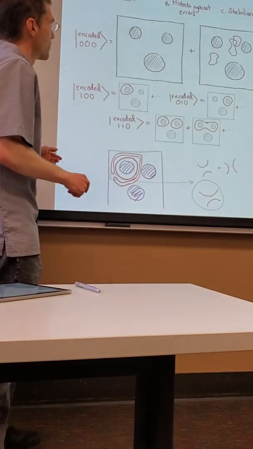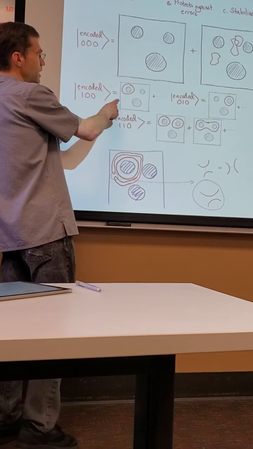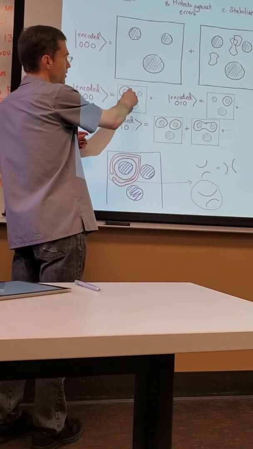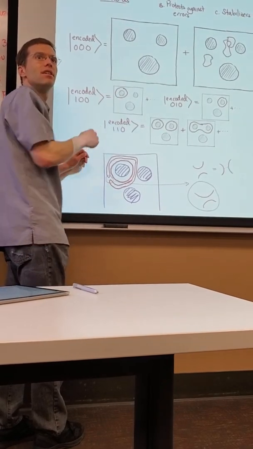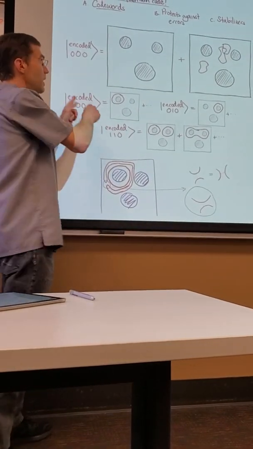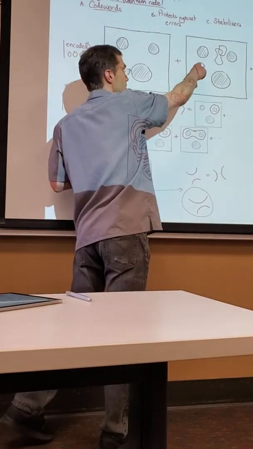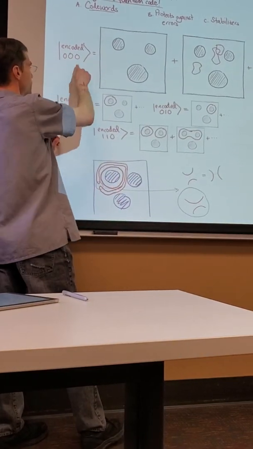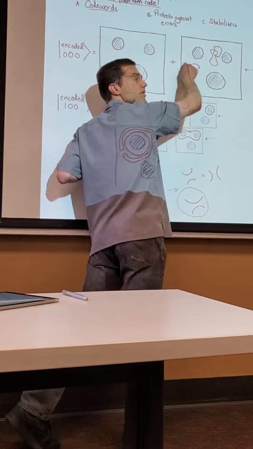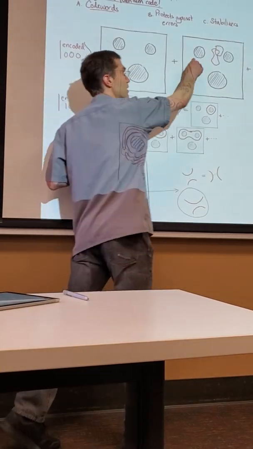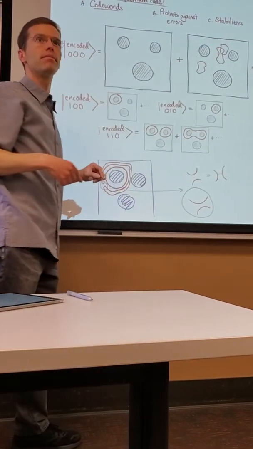But for encoded 1, 0, 0, it'll be the same thing, except I'll have a cycle going around the holes, plus a picture like this. So the difference between encoded 0, 0, 0 and 1, 0, 0, you get all the same pictures, except here you have a cycle that goes around this hole in every picture. Previously, that wasn't allowed.